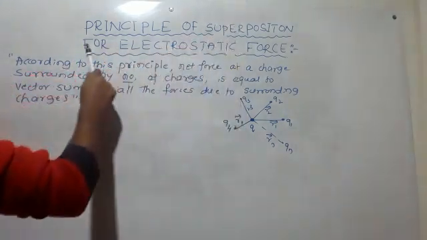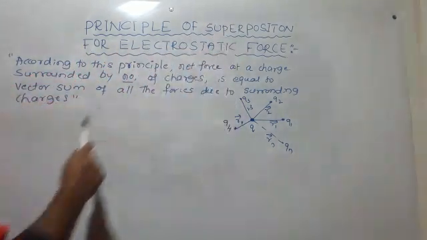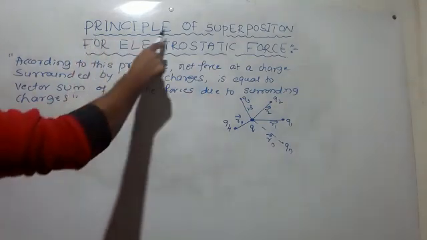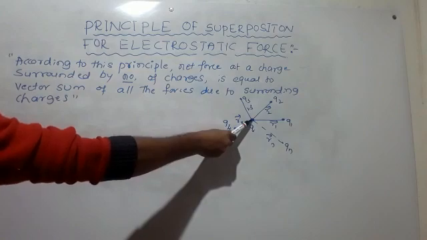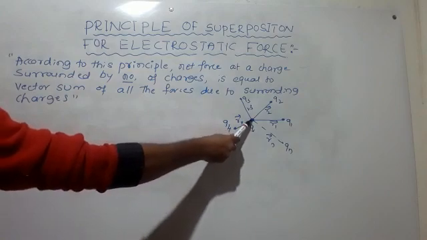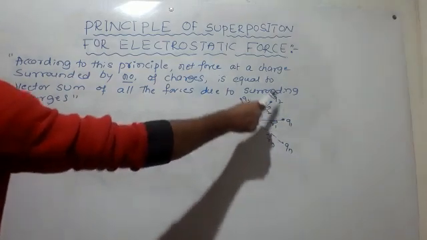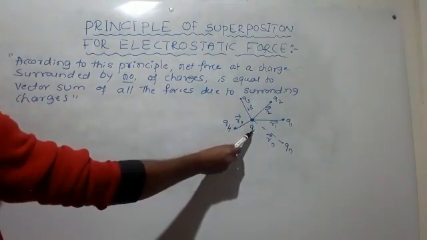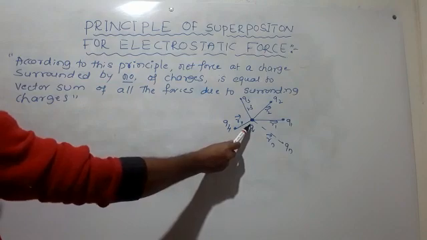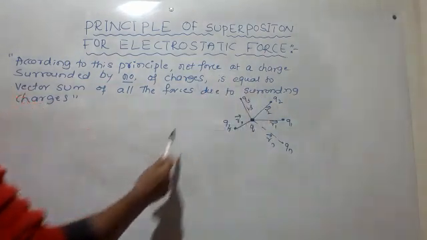Principle of superposition for electrostatic force. This is the principle which explains what is the net force acting on any charge due to a system of charges. Here is a charge Q. Around this one there is a system of charges.